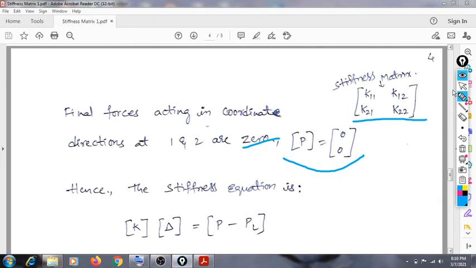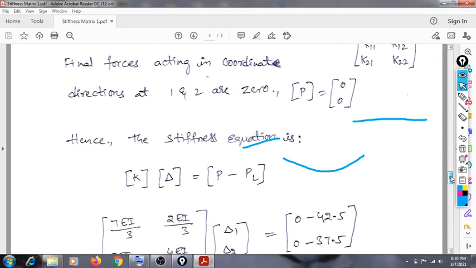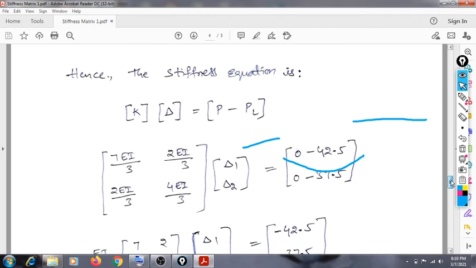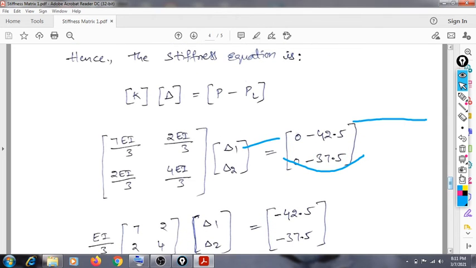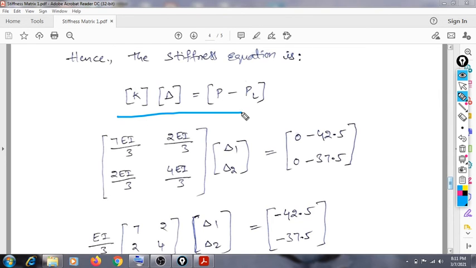Next, writing these K values and delta values like this in the given question, K into delta is equal to P minus PL.